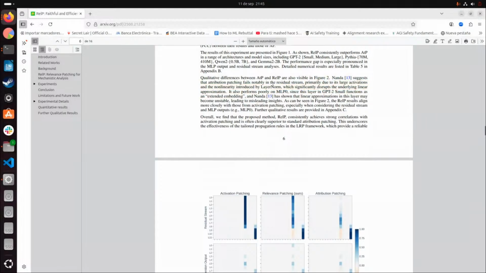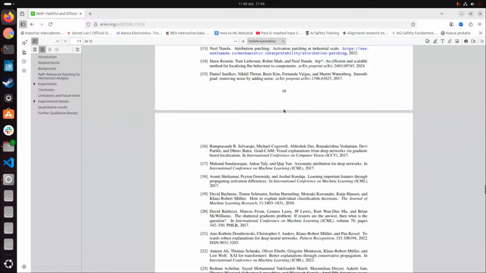Thus it performs poorly on RelP since its layer in GPT-2 small functions as an extended embedding. And Nanda, yeah, this was in the paper, so the linear approximation in this layer may become unstable, leading to misleading insights.